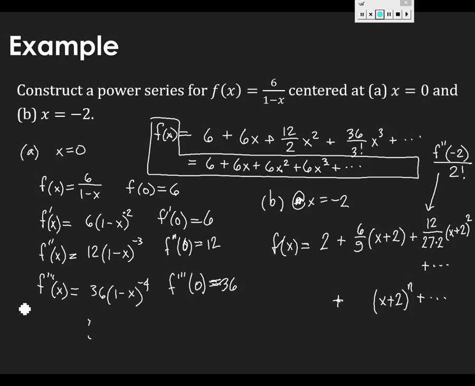We're multiplying by 1/3 each time, which means maybe we should say 2 times 2/3 to the n.